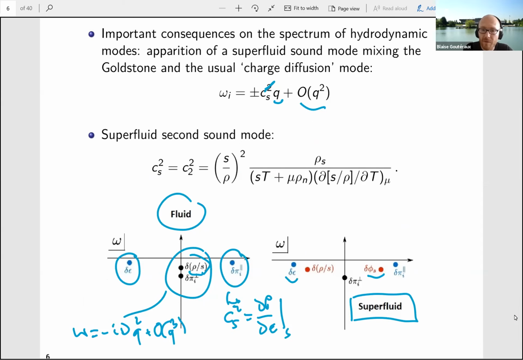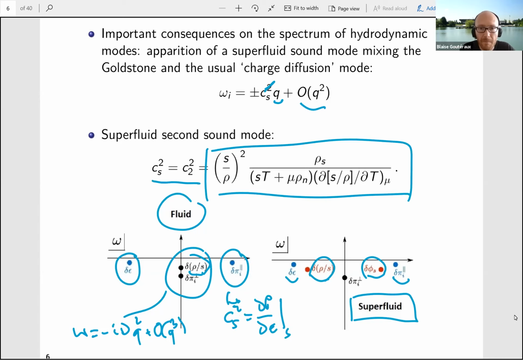We'll have a sound mode that describes propagation of energy and longitudinal momentum. And then we'll have a different sound mode with a different velocity that describes the propagation of the Goldstone and of charge and heat. And the velocity for the second sound mode takes this expression in relativistic hydrodynamics.